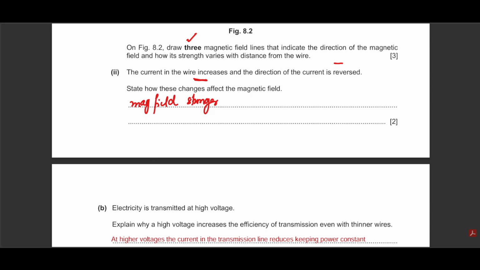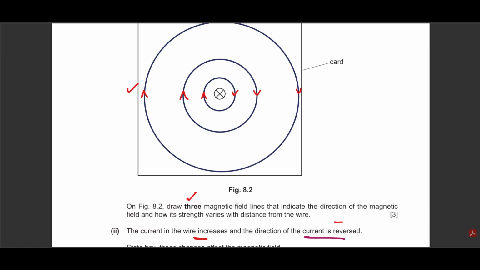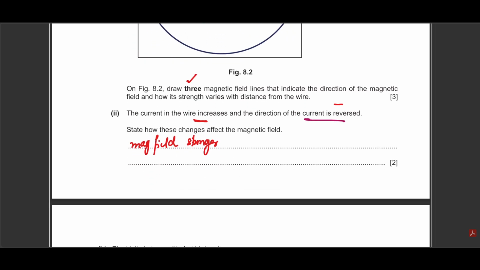State how these changes affect the magnetic field. Now, since the current is also reversed, the direction of the magnetic field will also be reversed. So this time around, they will be anti-clockwise, because I would be using the right-hand grip rule in the opposite direction. So the direction of the magnetic field is also reversed.